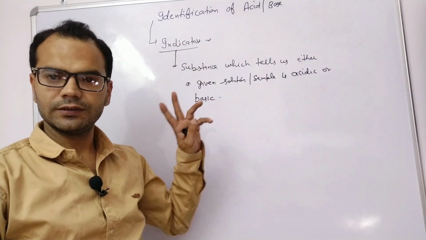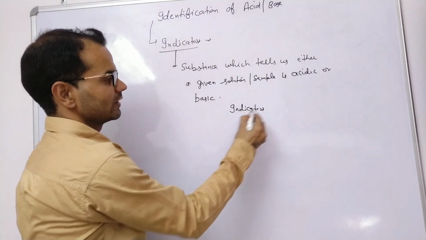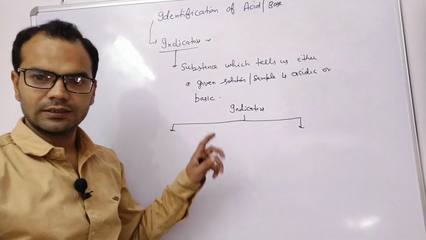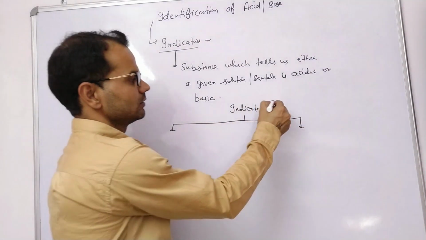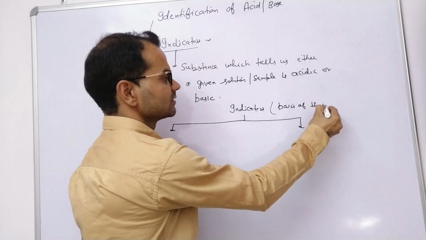There are two types of indicators. This classification is based on their occurrence.